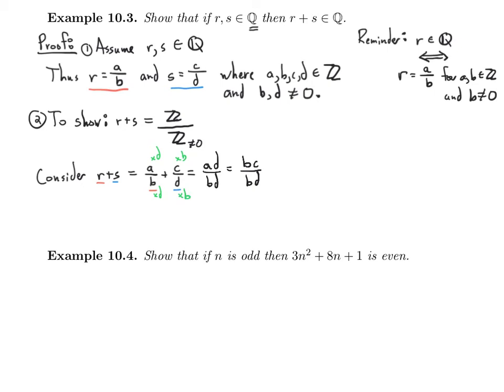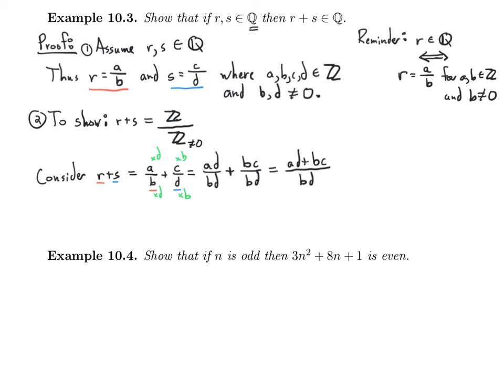Oh, and there shouldn't be any equals there, of course. There should be a plus. Okay. And we know how to add fractions that have the same denominator. We just add the numerators. We have AD plus BC over BD.